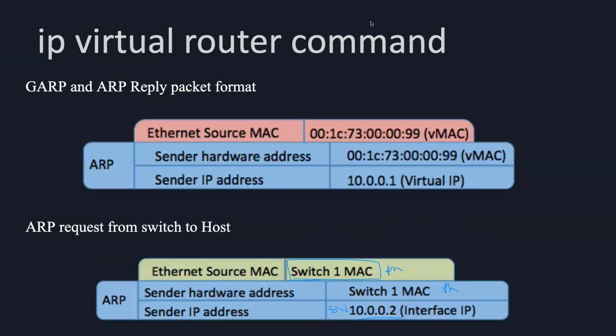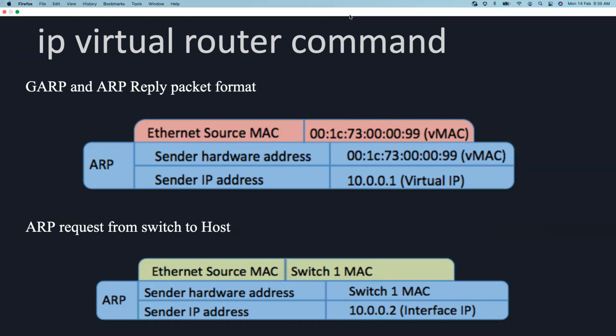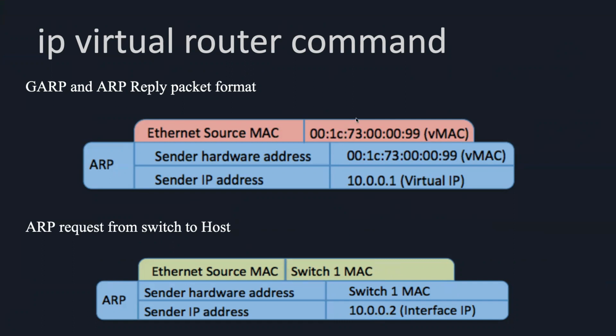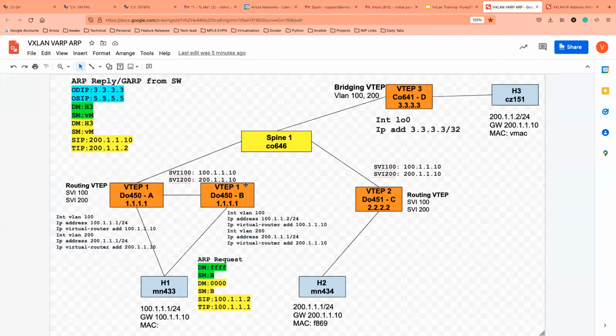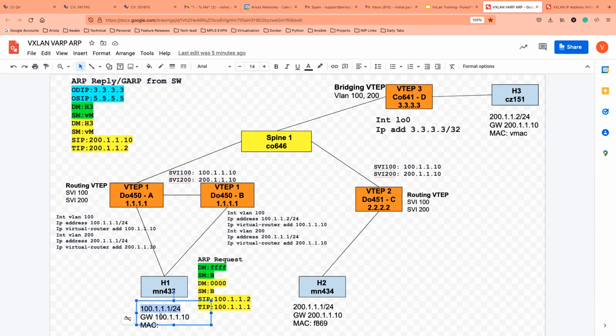Let's go to our topology and discuss that so that it's easy to understand. This is the topology we have been using. This is host 1, H1, with IP address 100.1.1.1/24 and gateway 100.1.1.10. This is a two-MLAG pair, VTEP 1 we can say. 111 is the VTEP loopback IP address, and 555 is the virtual VTEP IP across all.